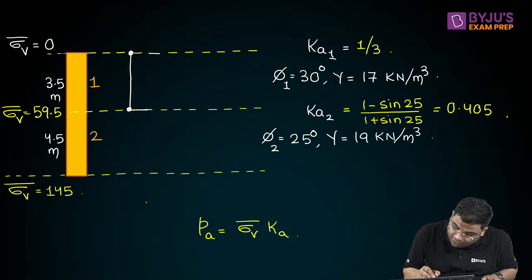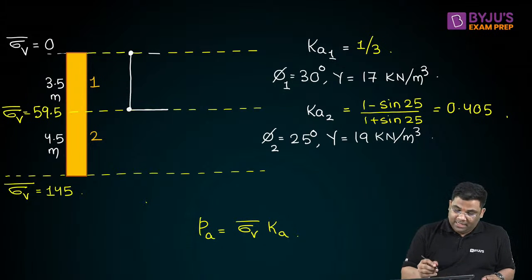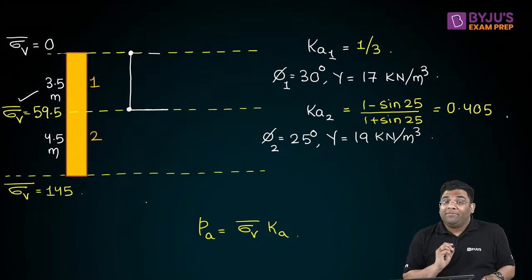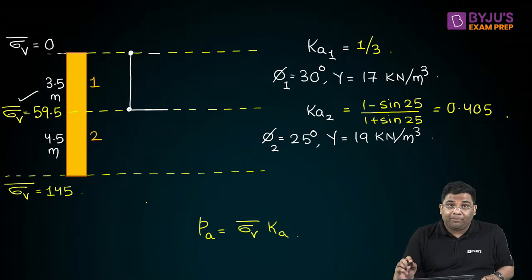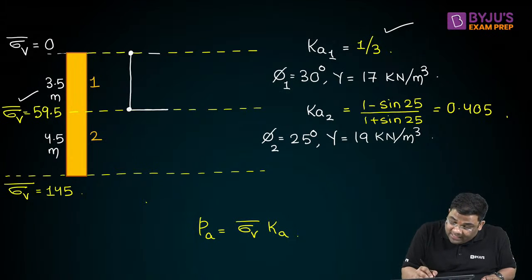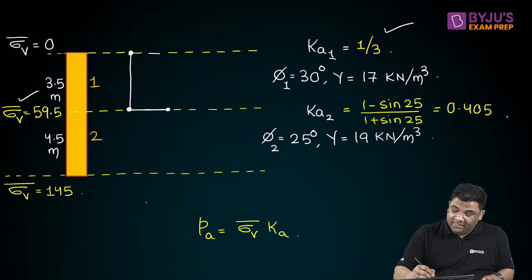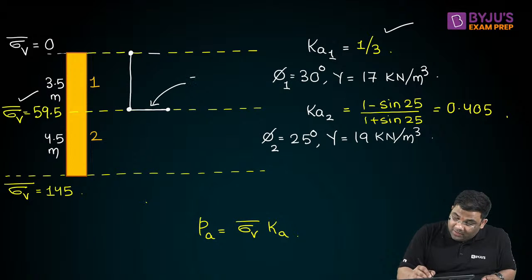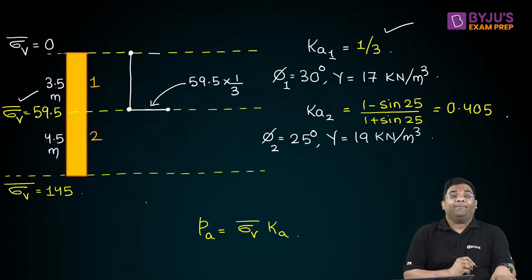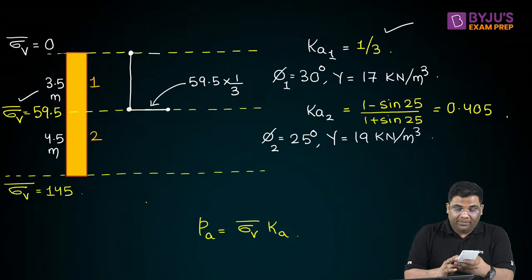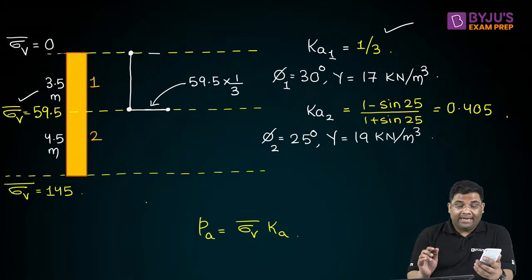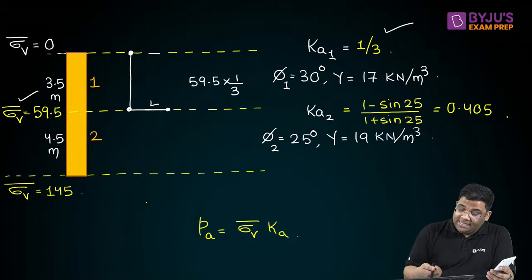So here, for the first layer, vertical stress is 59.5, okay? And your Ka is 1 by 3. So what will be the earth pressure? It will be the vertical stress into 1 by 3, right? 59.5 divided by 3, I am getting 19.83.